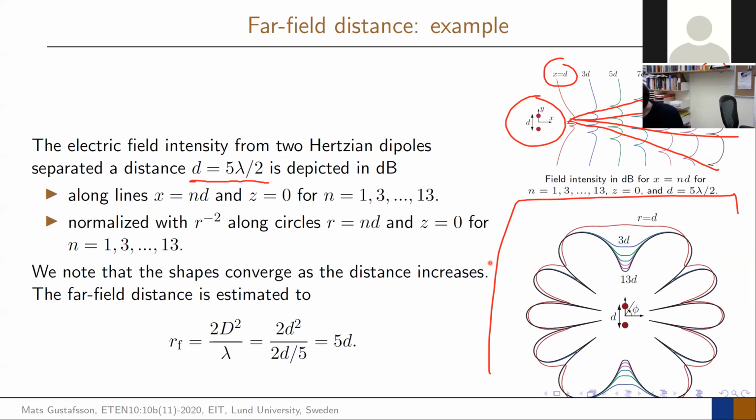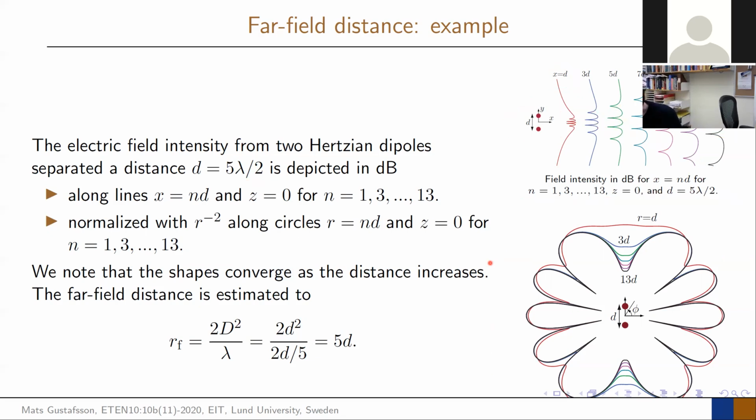And now if we take a closer look, you can see when r is equal to d, so the first one, what you can see here is that you don't get the very sharp nulls. When the distance is larger, you can see you go down to very low values. But when you are at r equal to d, you don't get these dips. And these dips are like a perfect destructive interference.